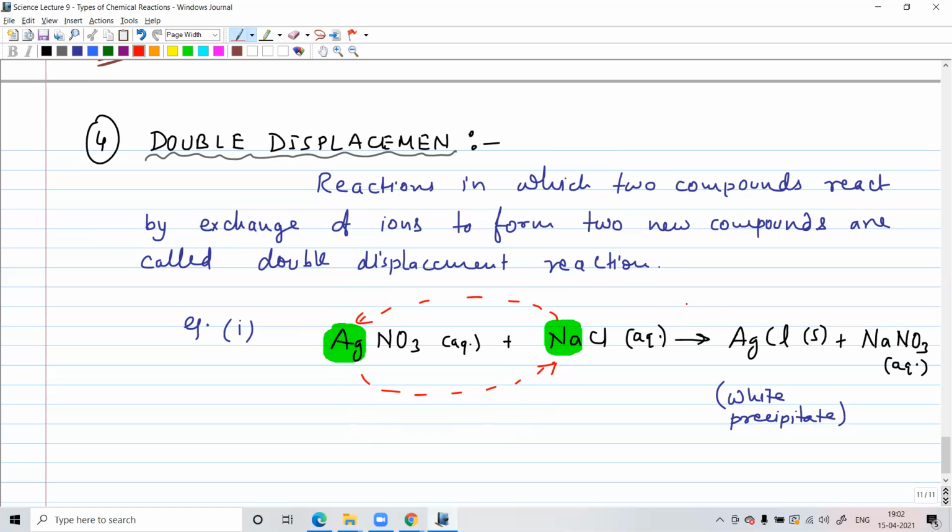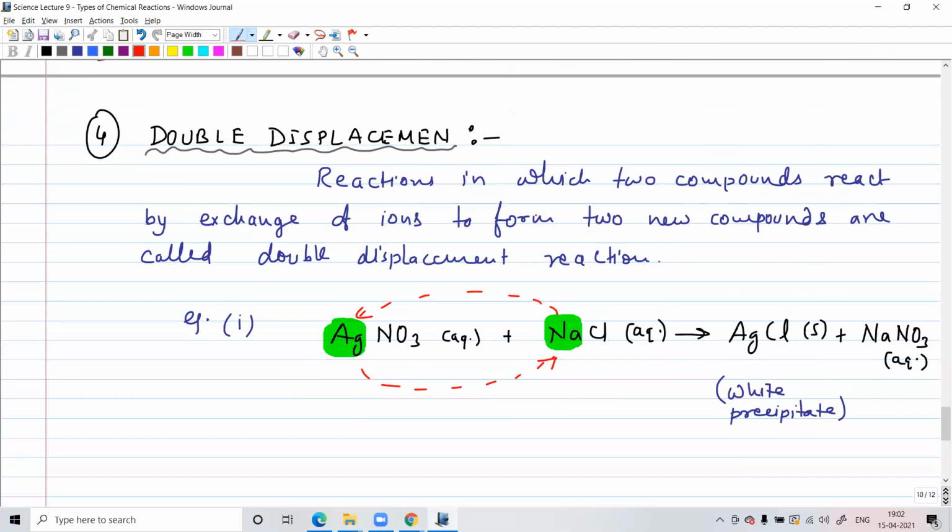So let me give you just, I'll take just one more minute and I'll write down the definition of that precipitation reaction.